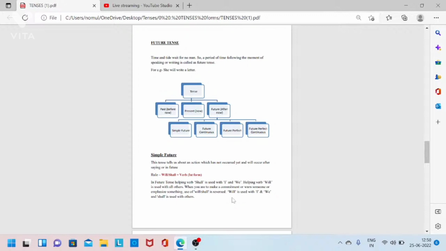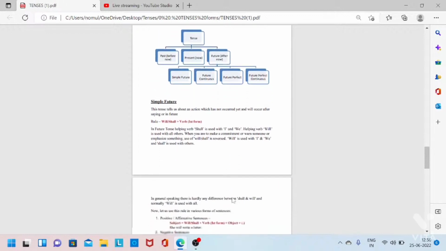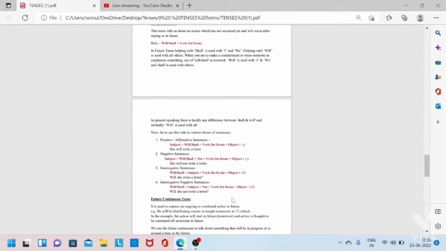When you are to make a commitment, warn someone or emphasize something, we use the reverse: will is used with I and we, and shall is used with others. In general speaking, there is hardly any difference between shall and will, and normally will is used with all.